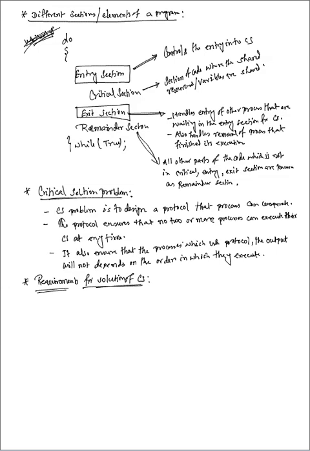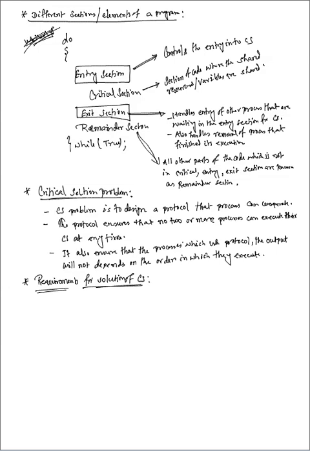So the next term is progress. As the term suggests, progress means whether any work or task is going on or not. Progress basically says that if no process is executing its critical section, meaning the critical section is right now empty, then the selection of a process for the critical section cannot be postponed indefinitely.